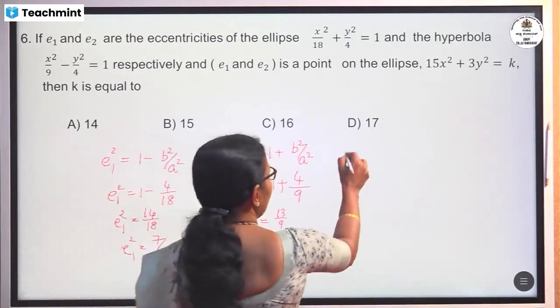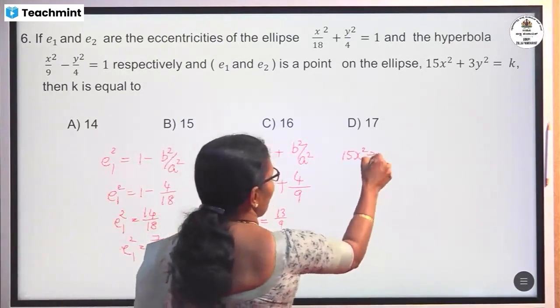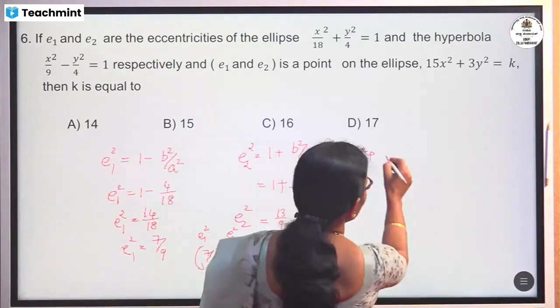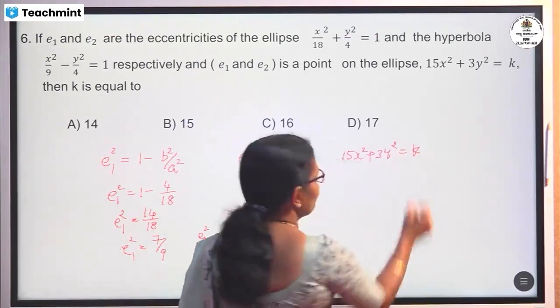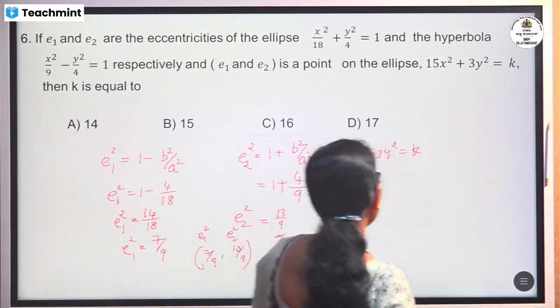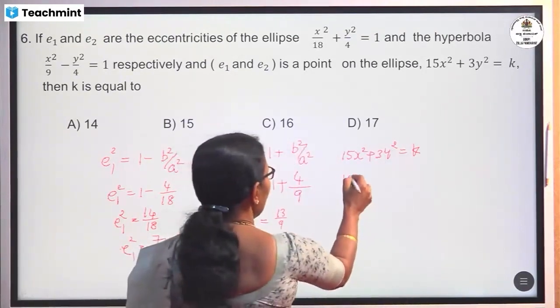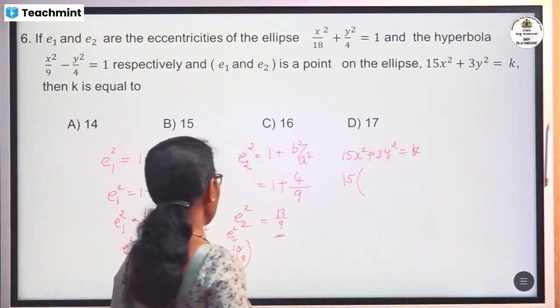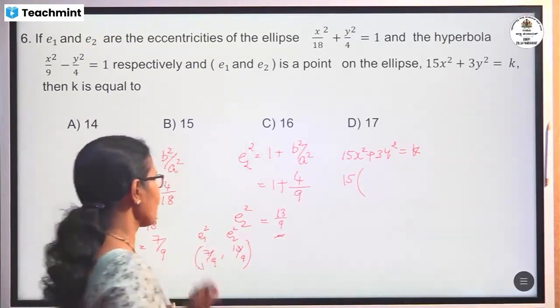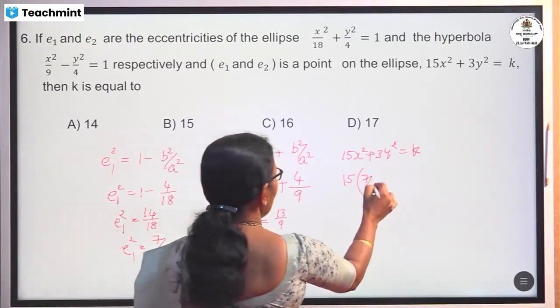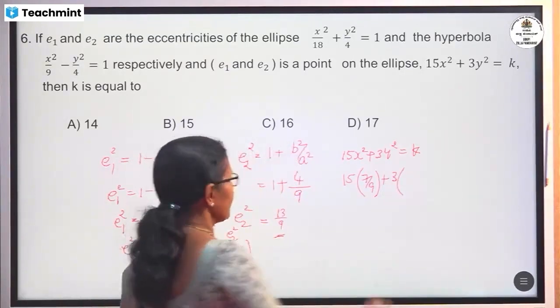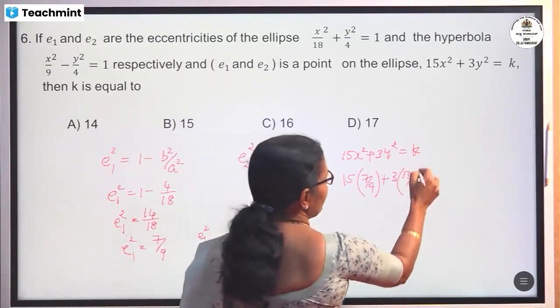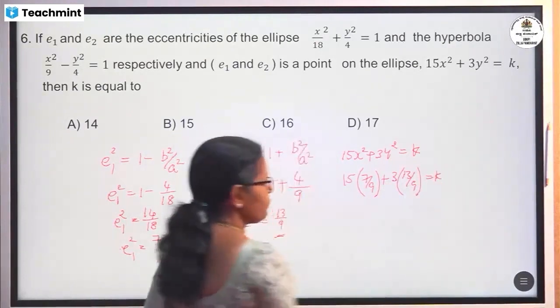So 15x square plus 3y square is equal to k. Now substitute 15 into x square, that is E1 square 7 by 9, plus 3 into y square, that is 13 by 9, equals k.